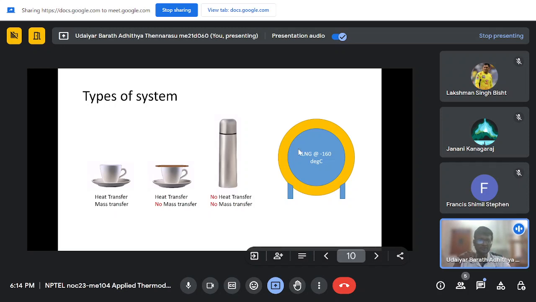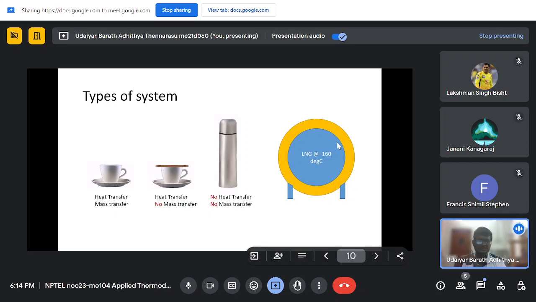So I've also put an image, you can see. This is a storage vessel for LNG, liquefied natural gas. So what do you expect this to be? Option A is open, option B is closed, option C is isolated. So we'll see it in three cases.